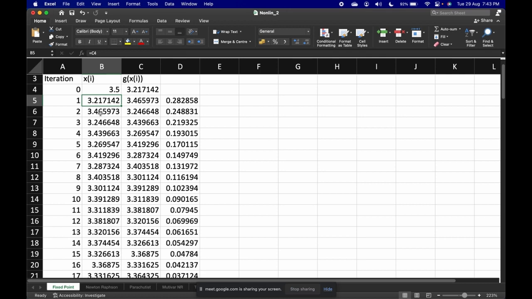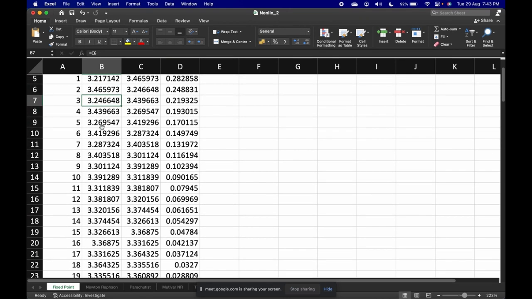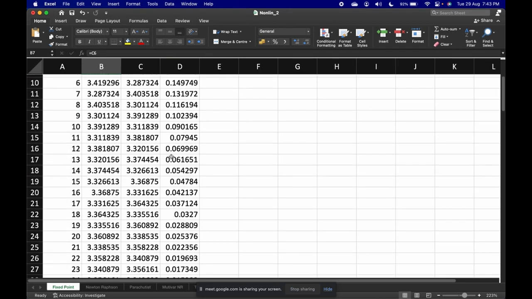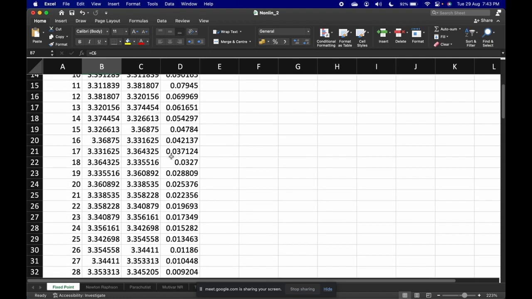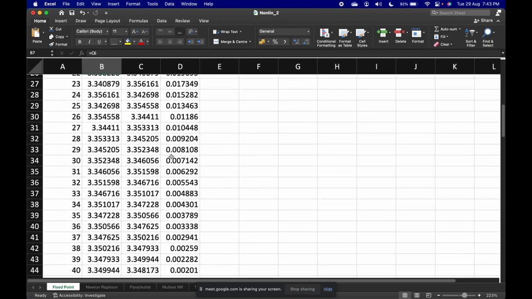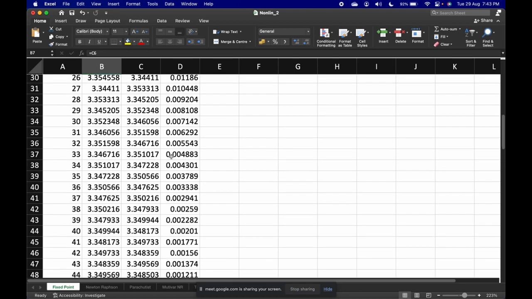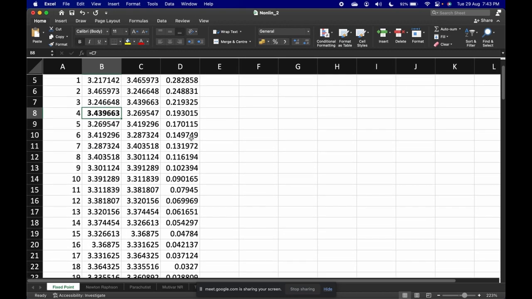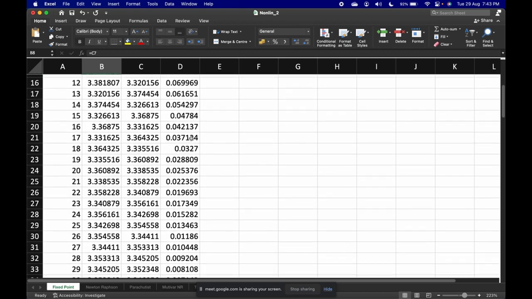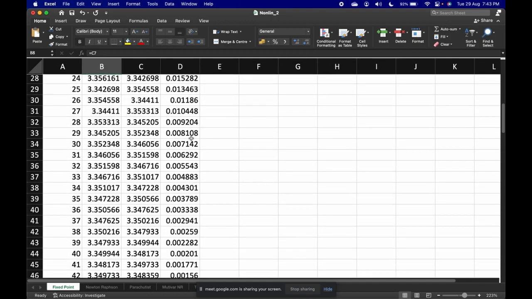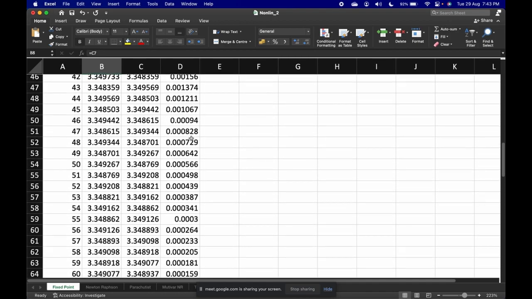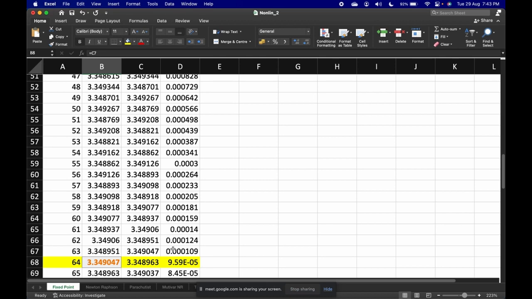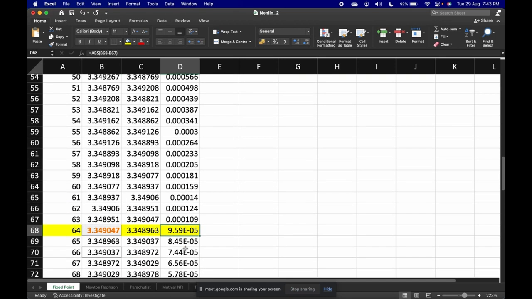So here you will see all your x values, and if you go down, the error is reducing as you go with your iterations. By the fourth one, this was the value that was asked in the numerical, and you get up to 10 raised to minus 3 percent error.